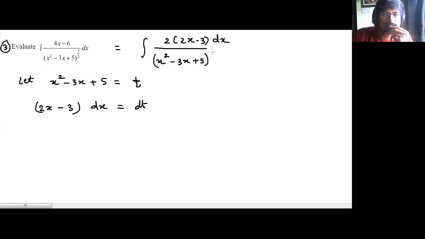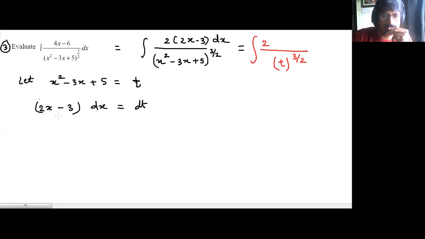Now could you see how to choose the function, how to take the derivatives and how to substitute? Now, how does substitution happen? The denominator was a t, isn't it? t raised to the power 3 by 2. Numerator 2 we will write as it is, and 2x minus 3 dx.